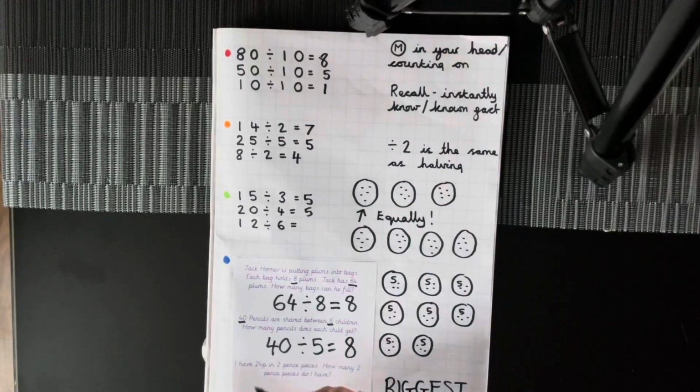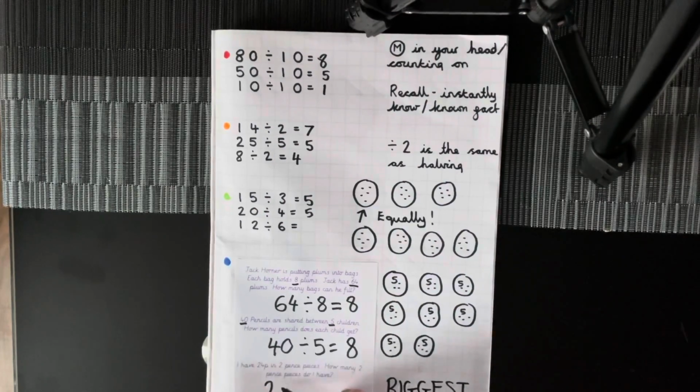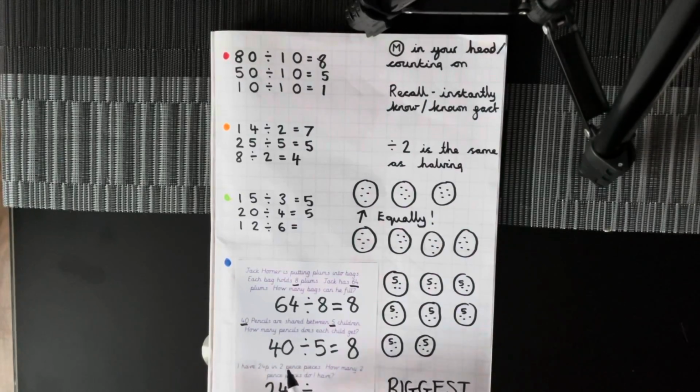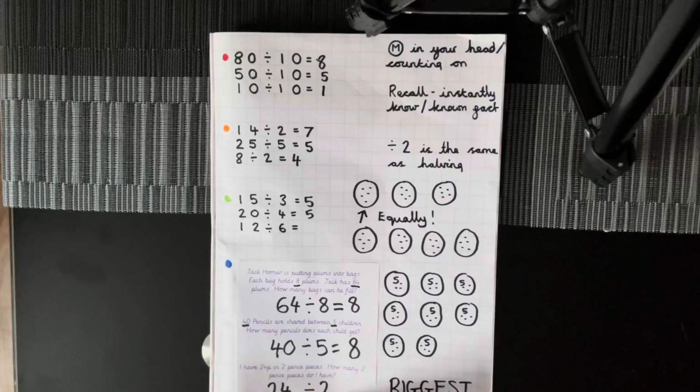And then I have 24p in 2p pieces. How many 2p pieces do I have? So I have 24p and I have 2p pieces. So how many 2s are in 24?